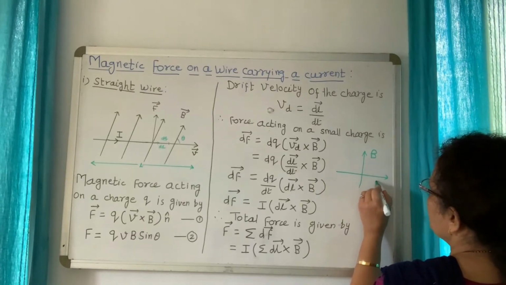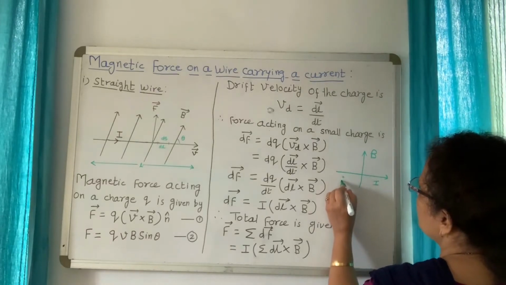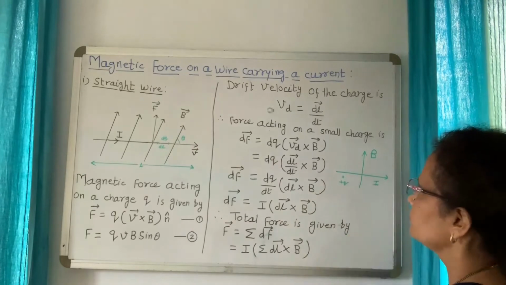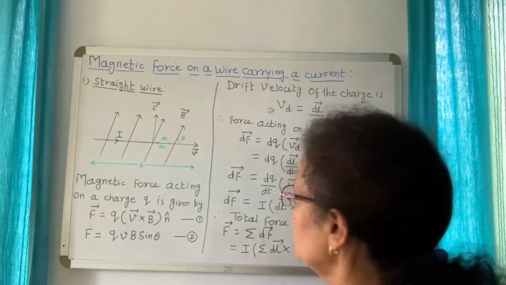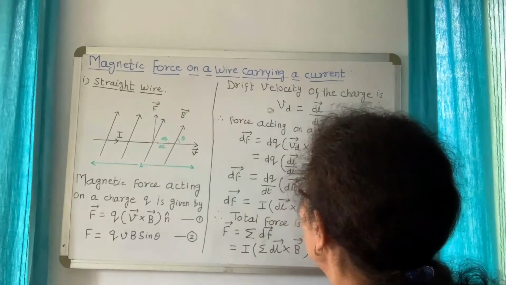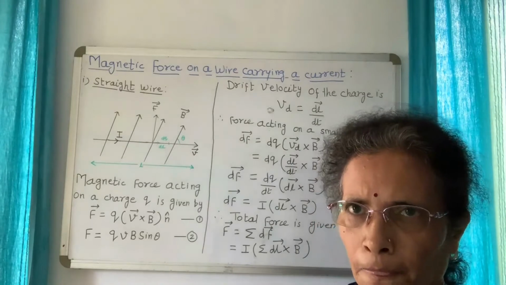Now suppose a charge plus Q is placed here. So the charge is under the influence of two physical quantities, current and the magnetic field. So it will experience a force, right?